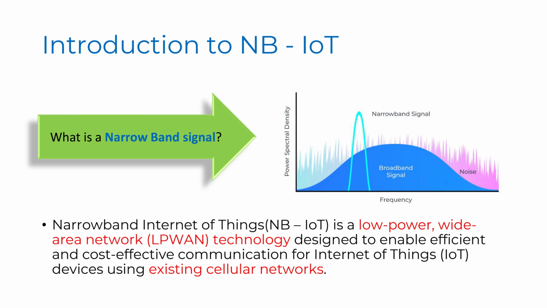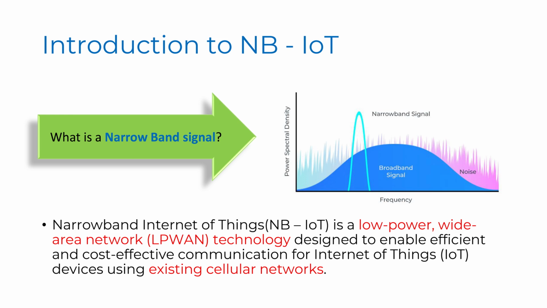One is the broadband signal, the other one is the narrowband signal. Here you can see that the broadband signal uses a comparatively large portion of the available frequency spectrum, while the narrowband signal uses a small portion of the spectrum. Here NB-IoT uses narrowband because most of the time we use NB-IoT for low data rate applications.